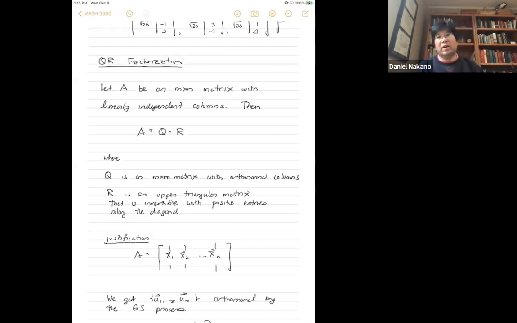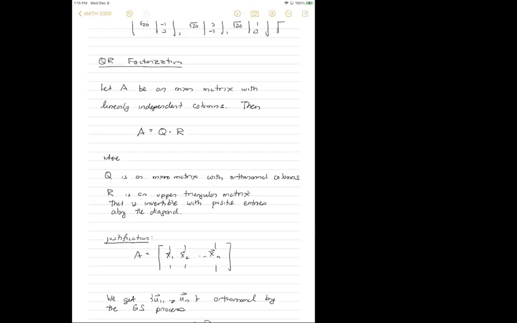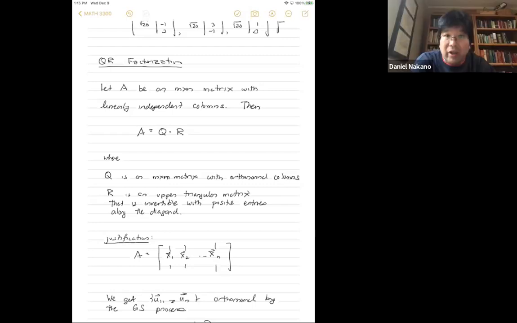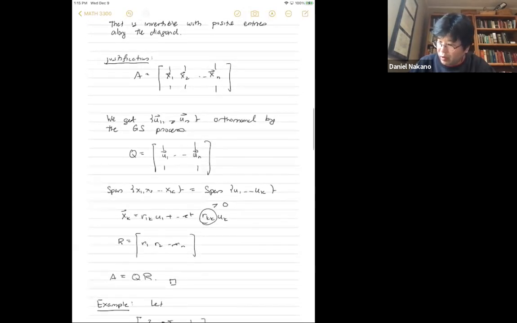All right. So in practice, how do you actually get the QR decomposition? Well, the first thing you do is, because you have linearly independent columns, we know that the columns will be a basis for the column space of A. So then you can apply Gram-Schmidt to the columns to straighten them out.